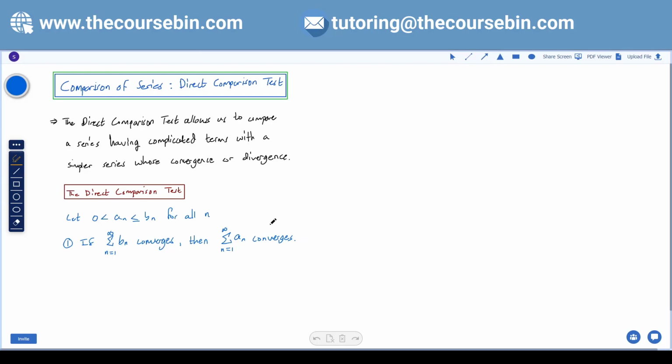Alright? So if the sum of b sub n converges, then the sum of a sub n also converges. Now again, this makes sense because b sub n is a greater function than a sub n, right? So the summation of b sub n is larger than the sum of a sub n for all values of n. Therefore, if the larger series converges, then the smaller series must converge, right?